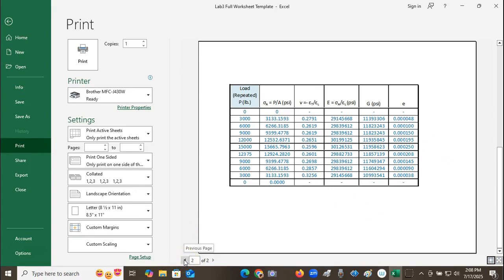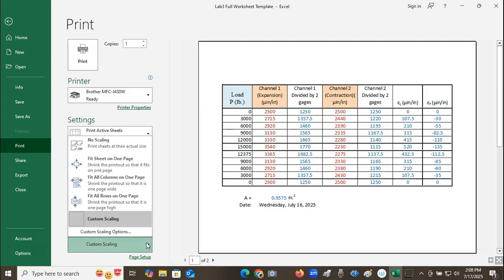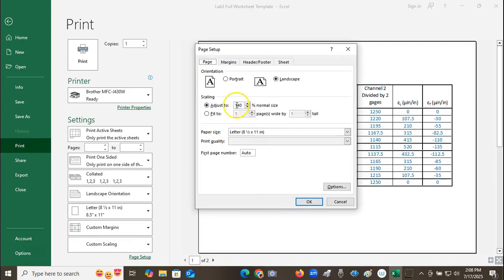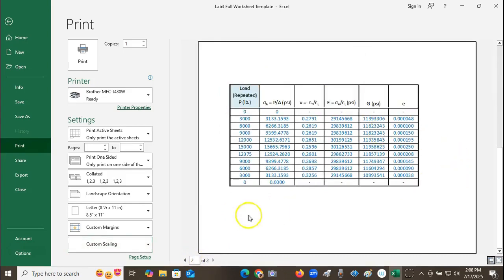So when you print this out, make sure that, for example, the epsilon sub t column isn't pushed onto the next page. So you have to adjust your scaling so that it turns out looking like this. I don't know what your setting will be, but make sure you adjust your settings so that it prints out like this. This is how I want to see it.